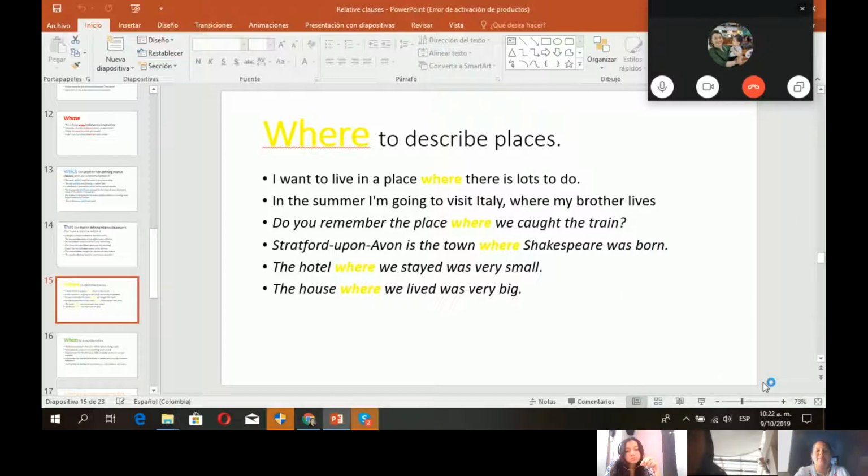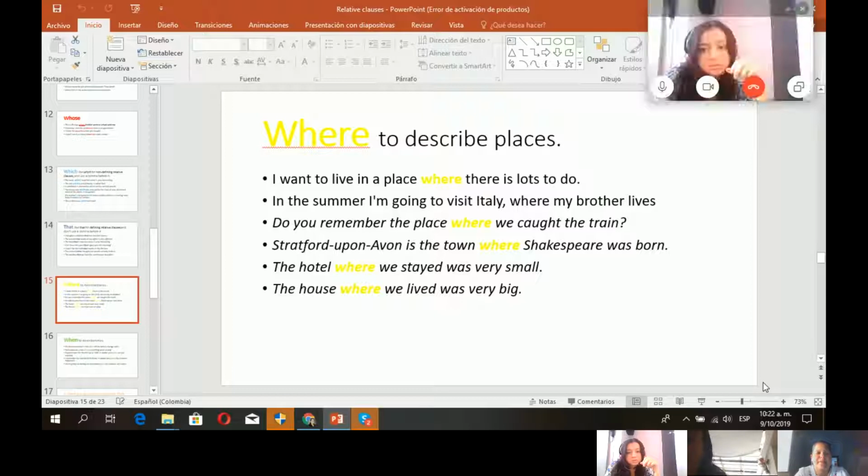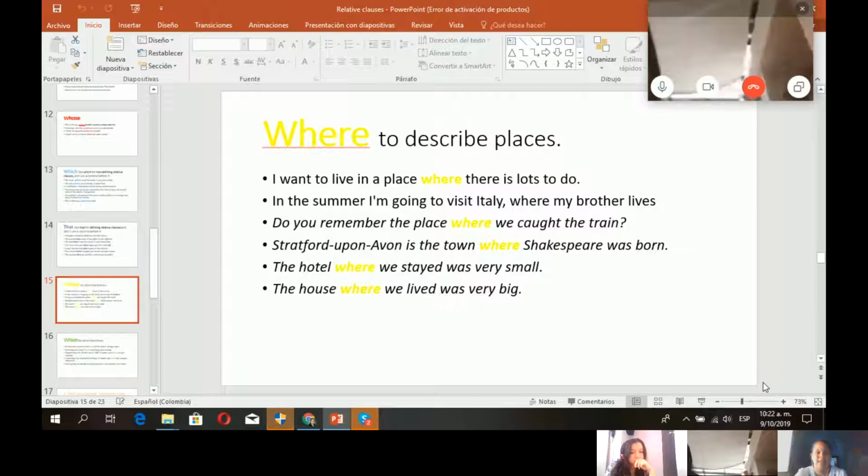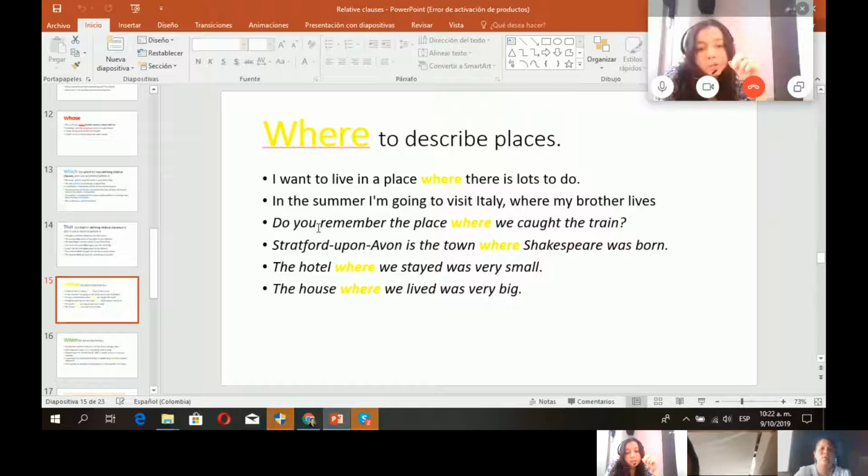The next is where. Where is only used to describe places. I want to live in a place where there is a lot to do. Maria Fernanda, in the summer. In the summer, I'm going to visit Italy, where my brother lives. Angie: Do you remember the place where we caught the train?